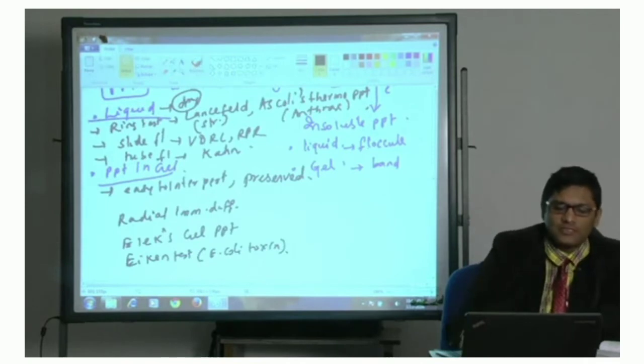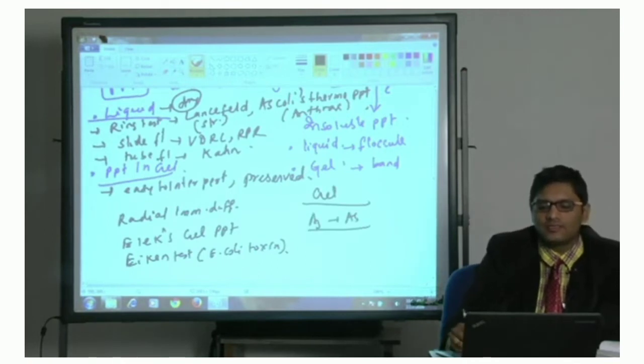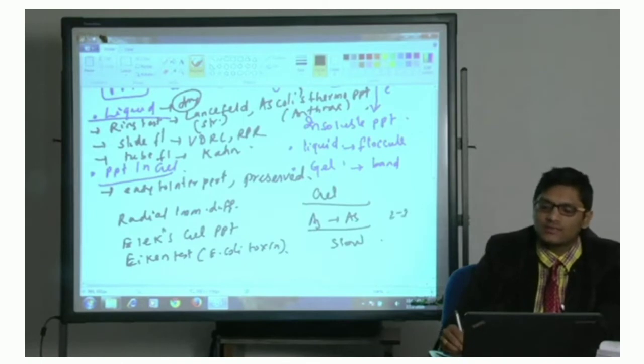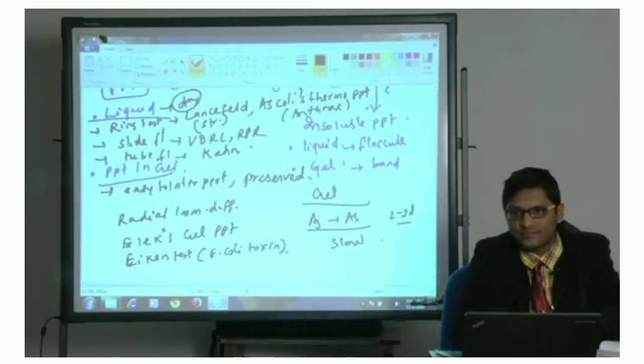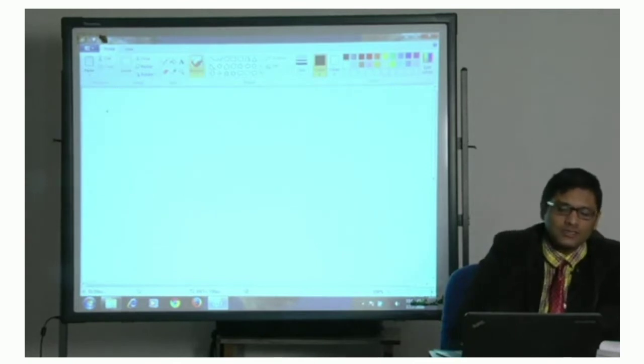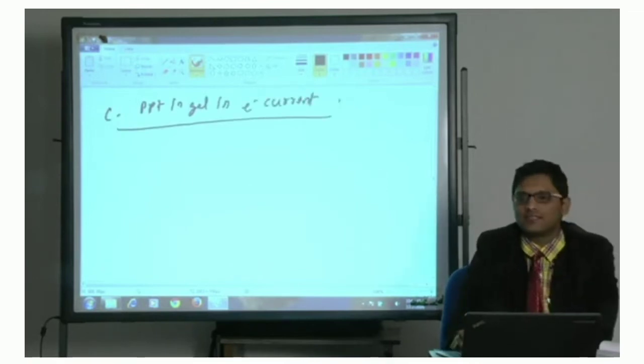Again, the problem of precipitation in gel is that the movement of antigen and antibody is extremely slow. It will take around 2 to 3 days to complete the reaction. So, in order to reduce the time, a modification is done, which is precipitation in gel in the presence of electric current, so that the movement will be faster.